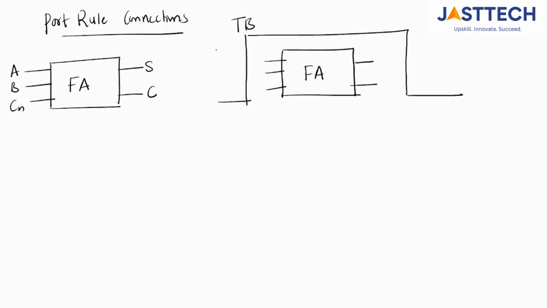For the test bench also you are giving some inputs: A, B, and C in, and sum and carry. For the test bench you are giving A underscore TB, B underscore TB, and C in underscore TB, and outputs S underscore TB and C underscore TB.